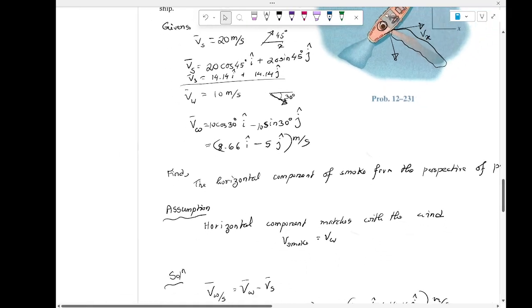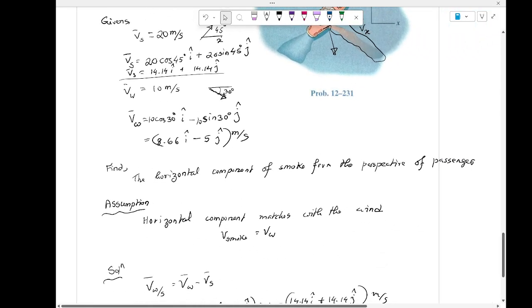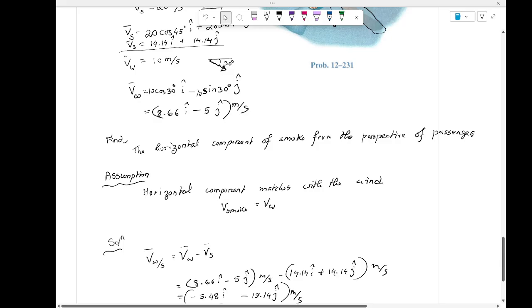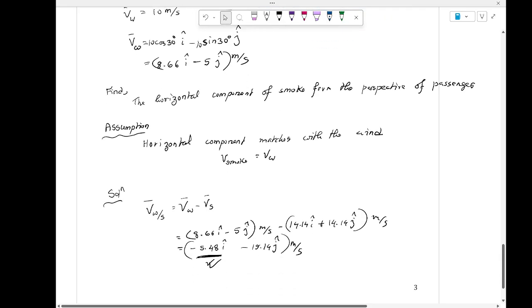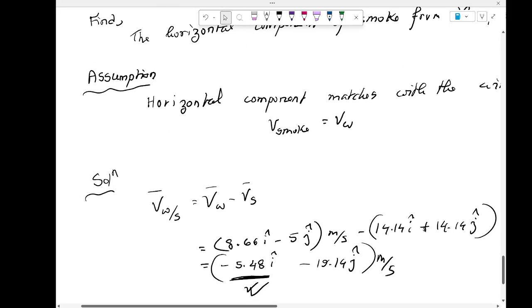You see, your assumption does have that: the horizontal component matches the wind speed, so V smoke, V wind. That's the reason you are doing the speed with respect to wind, not the ship. You do have the ship here initially, the wind and the ship, but because the smoke is wind, that's why you see this is actually smoke. That makes sense? It's a little tricky. Yeah, that's what the assumption is for.